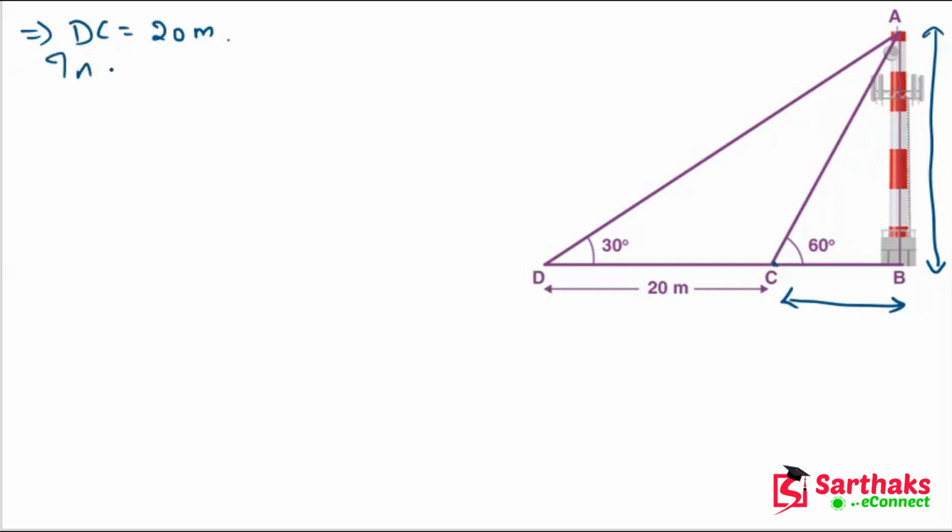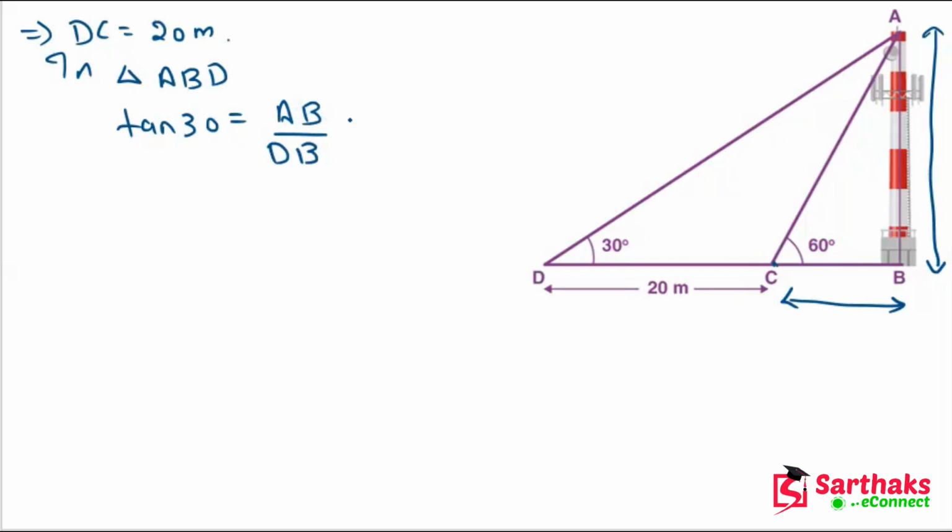Now in triangle ABD, tan 30 is equal to perpendicular upon base, meaning AB upon DB.